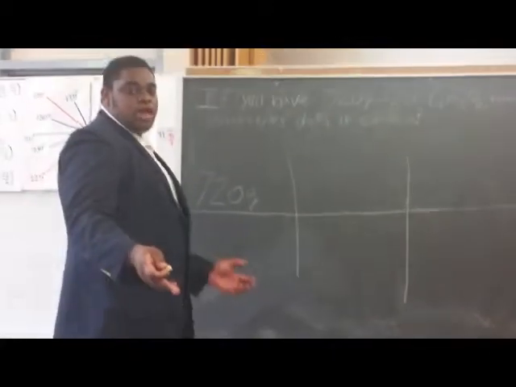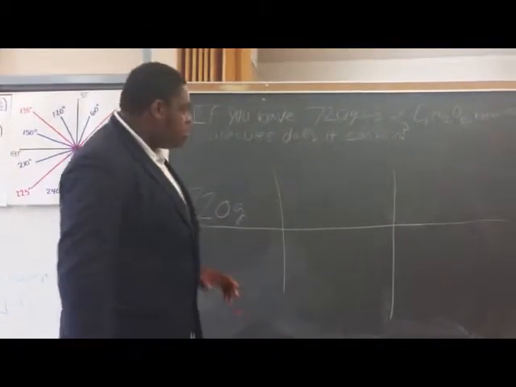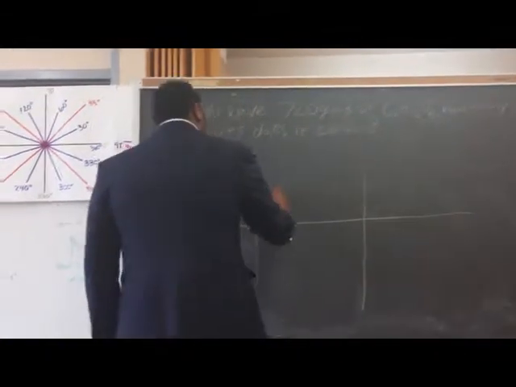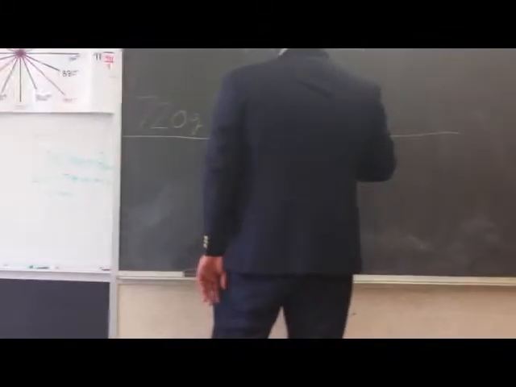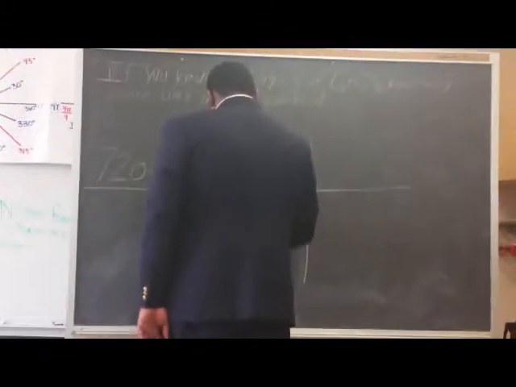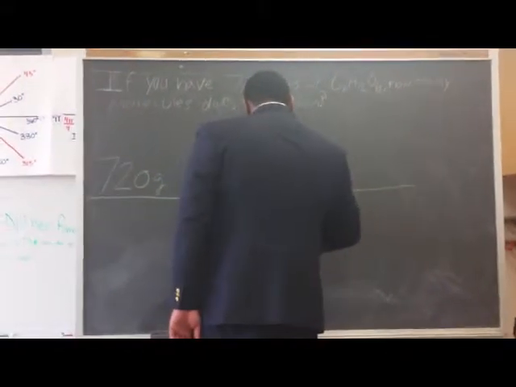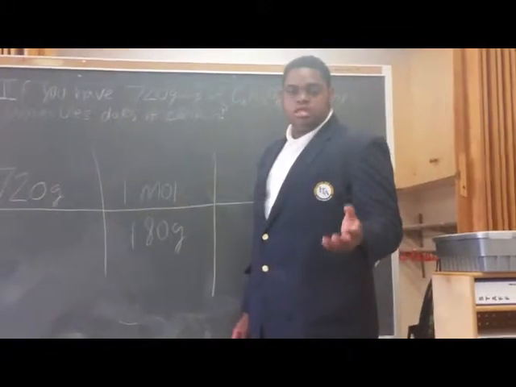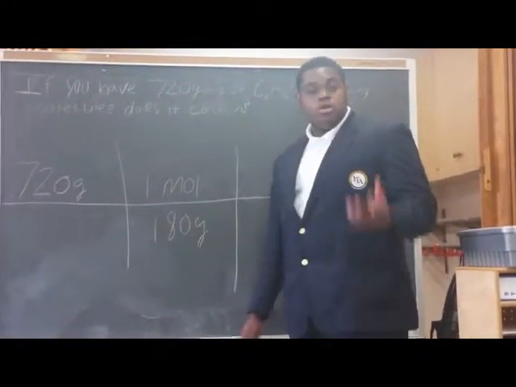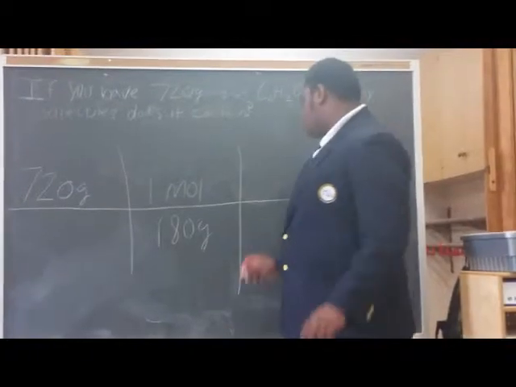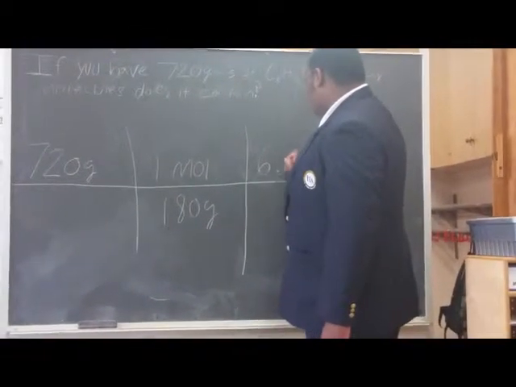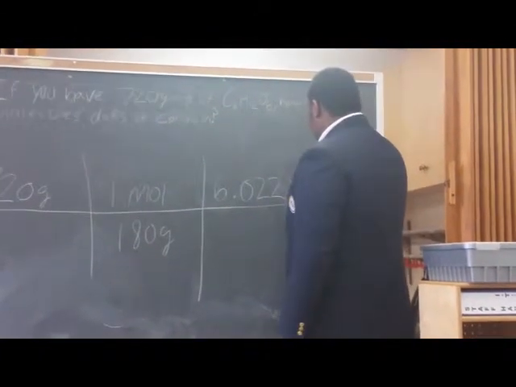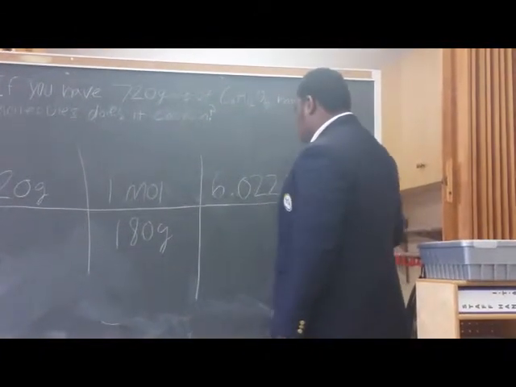Now, if you paid attention in your chemistry and earlier pieces of this video, you know that glucose is equal to 180 grams per mole. And then lastly, if you pay attention to the part where you convert moles to atoms, you know that every mole contains this many atoms, which is also known as Avogadro's number, 6.022 times 10 to the 23rd power.